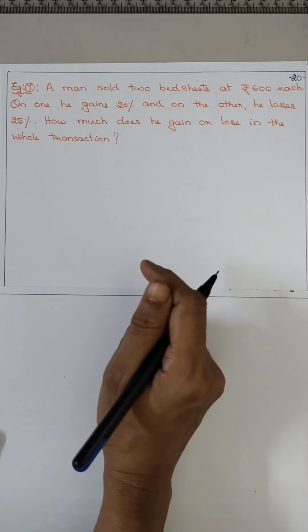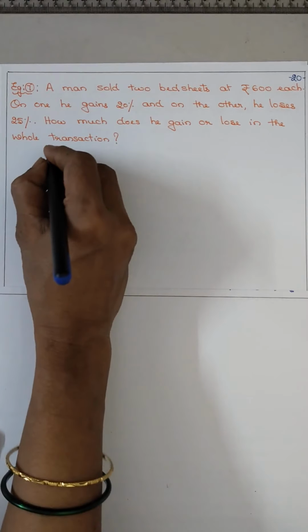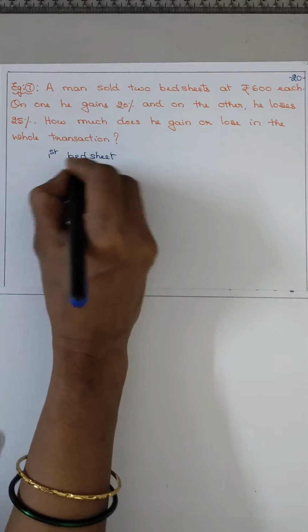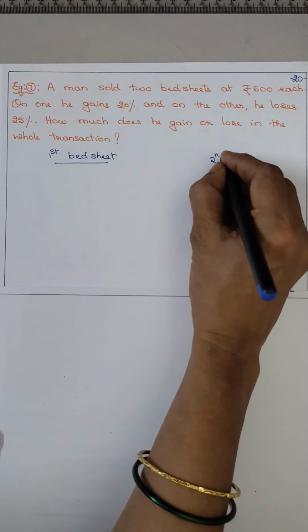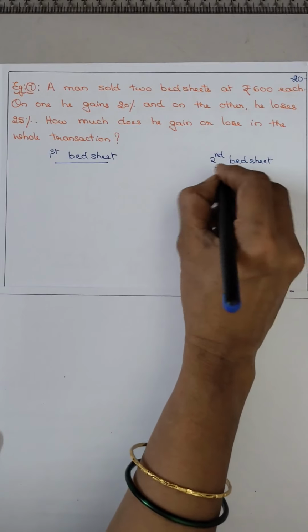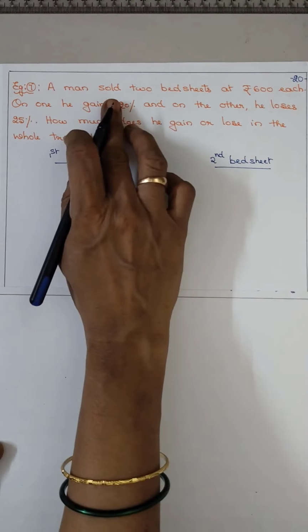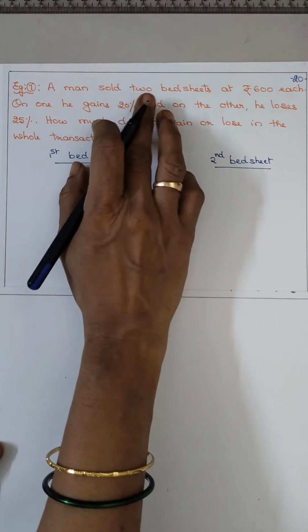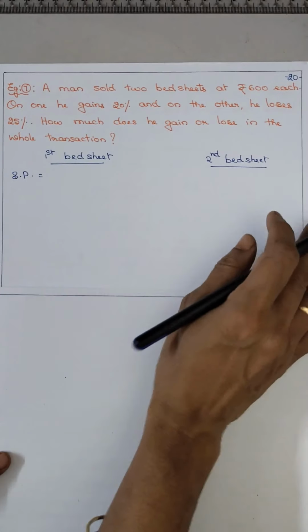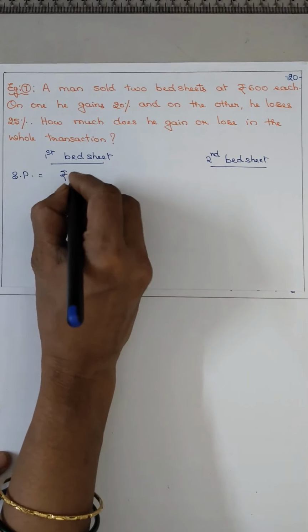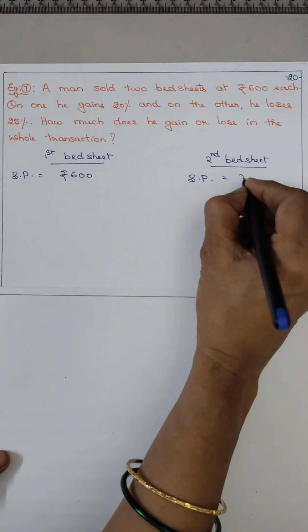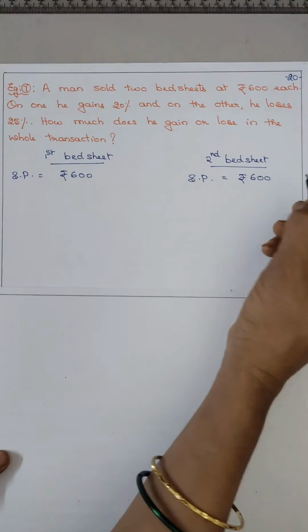So there are 2 bed sheets, the first bed sheet and the second bed sheet. Sold 2 bed sheets, meaning SP of the first bed sheet is rupees 600. The second bed sheet's SP is also rupees 600.